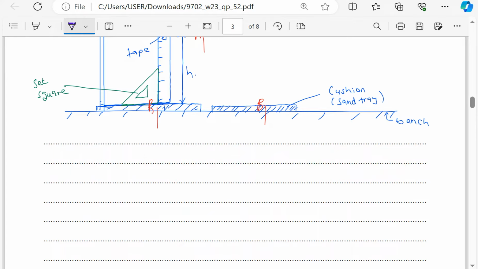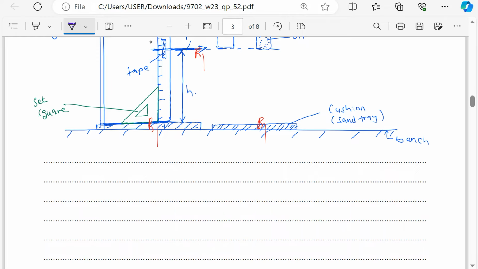So in this experiment, I have to identify the dependent and independent variables. We have already said that V is the independent variable and Z is the dependent variable.